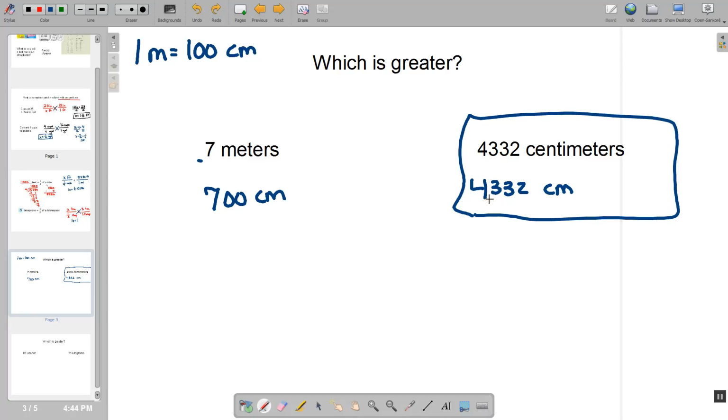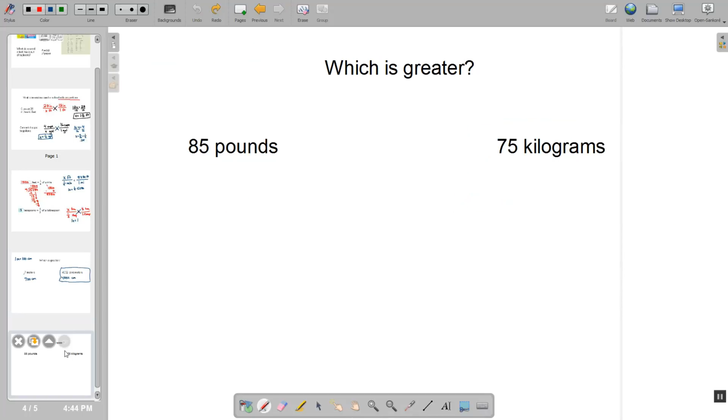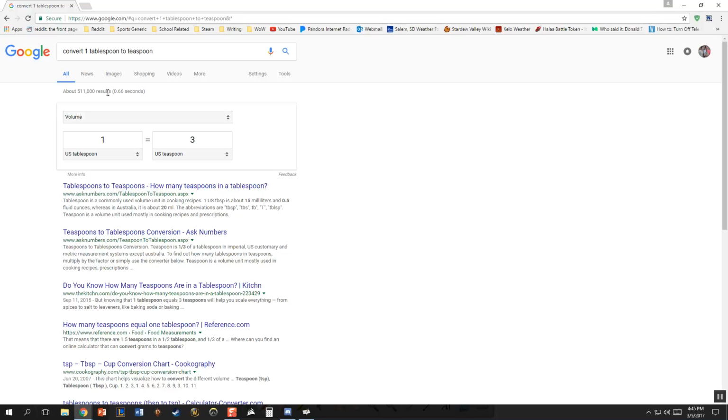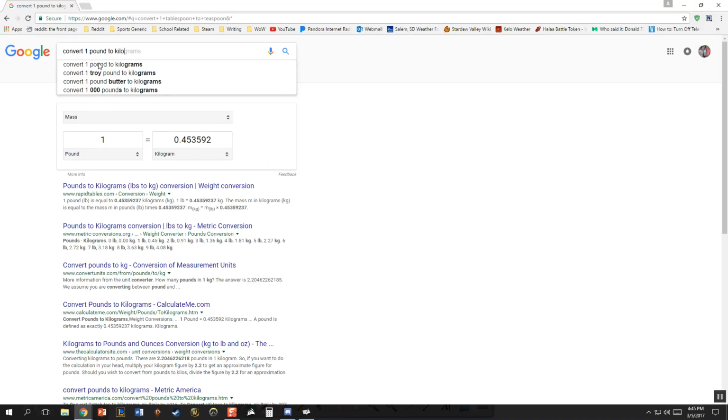Sometimes you're going to be able to know those off the top of your head, and that's good, but conversions can help us for problems like this: which is greater, 85 pounds or 75 kilograms? This is going to be especially difficult because the conversion between pounds and kilograms is a decimal, if I remember correctly. So I'm going to convert 1 pound to kilograms, and that gives me a pretty tricky decimal.